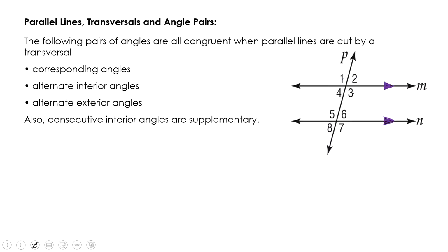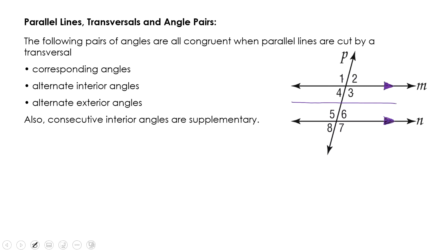Just think of it as if we drew a line through here and were able to slide line N up over line M, angle 1 and angle 5 would have the exact same location and the exact same measure. So they become congruent angles. Same thing with alternate exterior and alternate interior angles. They become congruent as well. And the vertical angles are always congruent, so we're not really worried about that.